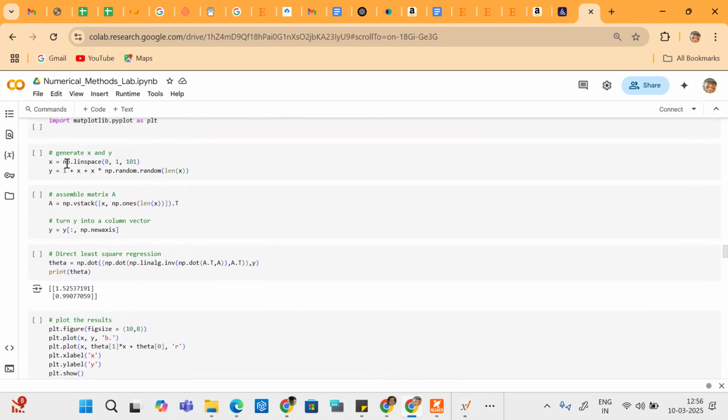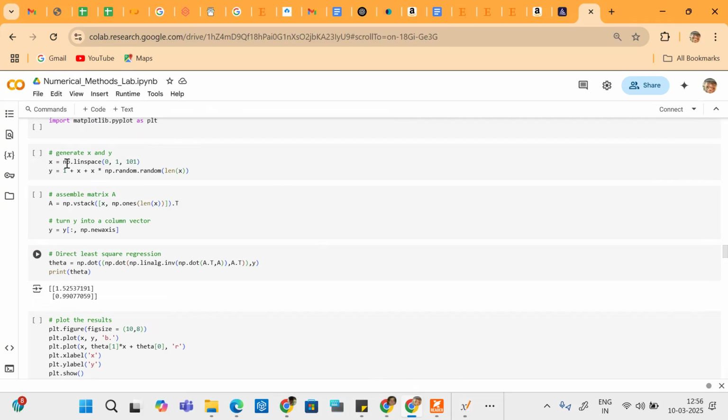So here I have defined the function. Then I'm using the generalized inverse: A transpose A, whole inverse, then multiplying with A transpose, dot product.